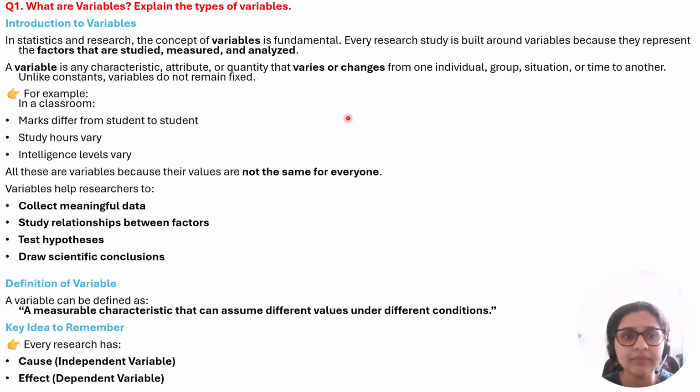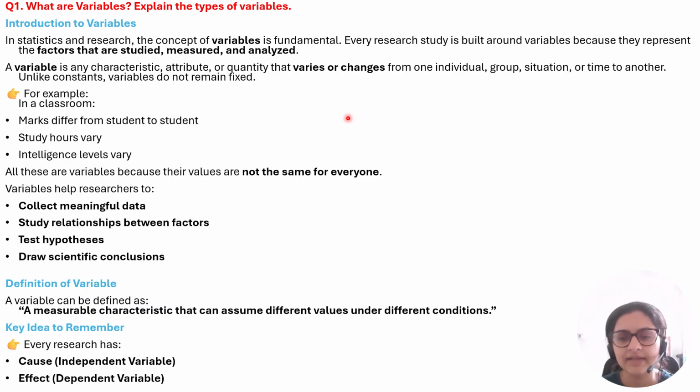Now, what is a variable? It is any characteristic, attribute, or quantity. It can be anything that varies or changes from one individual to group to situation or time to another. Variables are any values or quantity that keeps on changing.